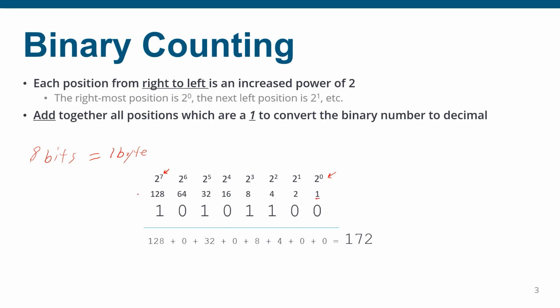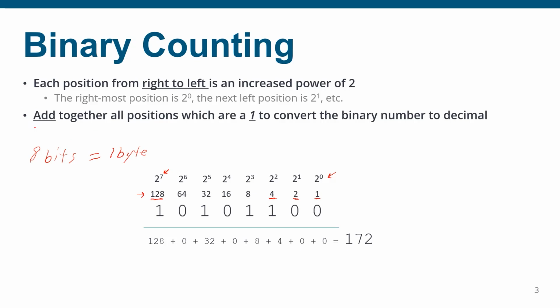So in this second row, we have what place each of these are. The first section is the ones place, 2 to the 1 is the twos place, 2 to the 2 is the fours place, etc., moving up to the 128 place.